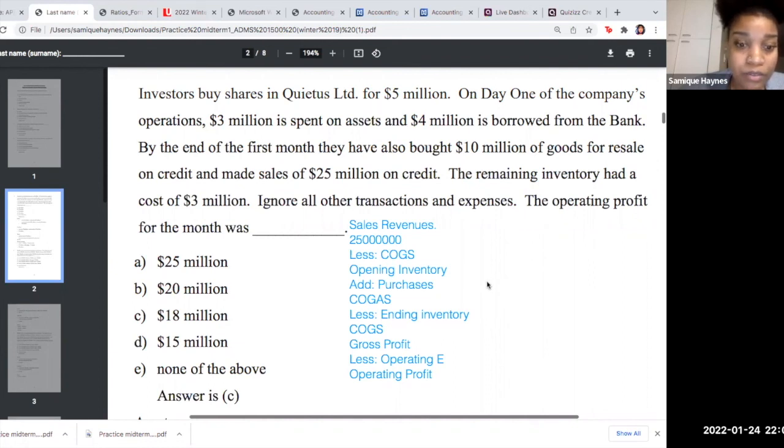Do you see it now? Good. All right, so sales revenues less our cost of goods sold, and our cost of goods sold is opening inventory, add purchases gives us cost of goods available for sale, less ending inventory gives us cost of goods sold. So once we deduct that from our sales revenues, we get gross profit. And then we less our operating expenses to give us operating profit. But they did not give us any operating expenses in this one, so we assume operating expenses is 0.